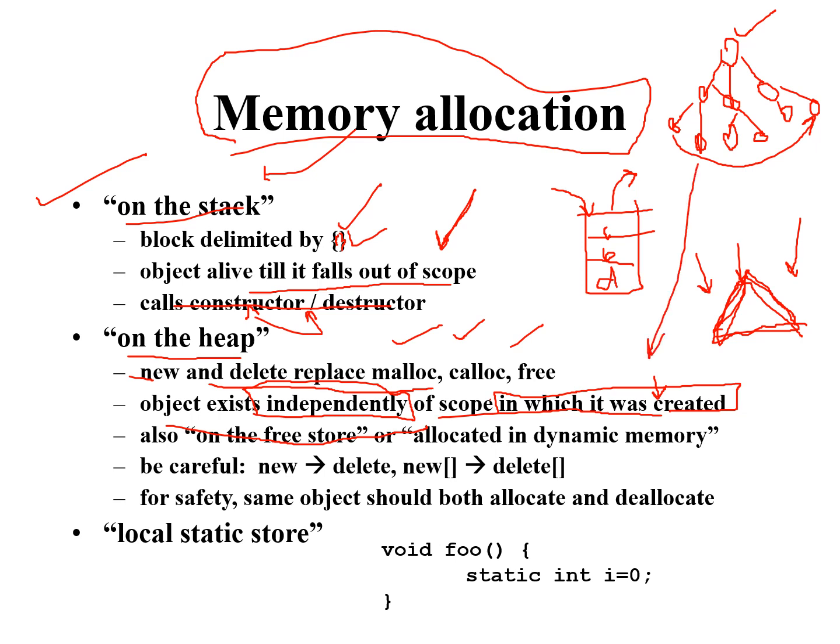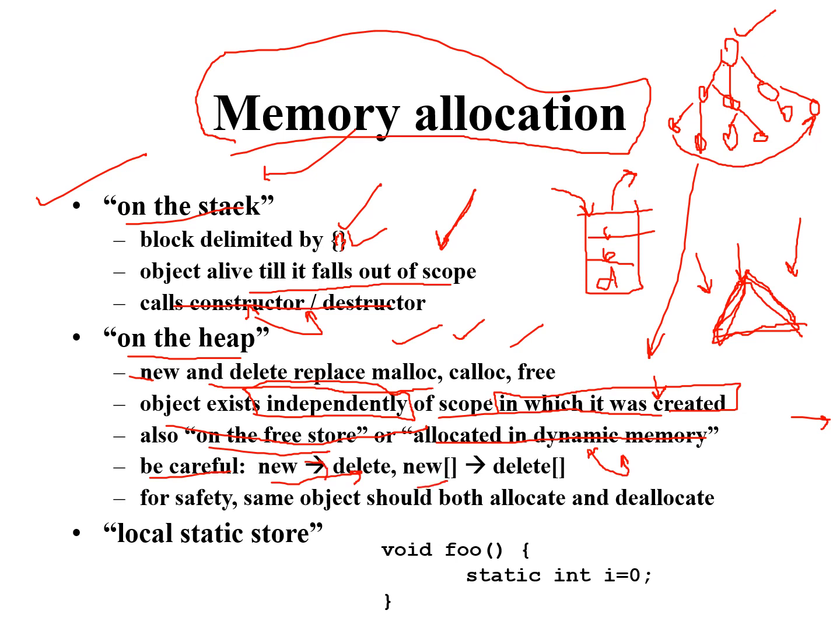Then also on the free store, or allocation in dynamic memory. What is dynamic memory and how we are going to handle it, we are going to see in the further coming slides. And be careful, it is written that new is directed toward the delete.